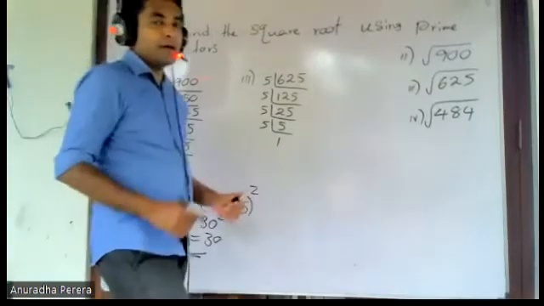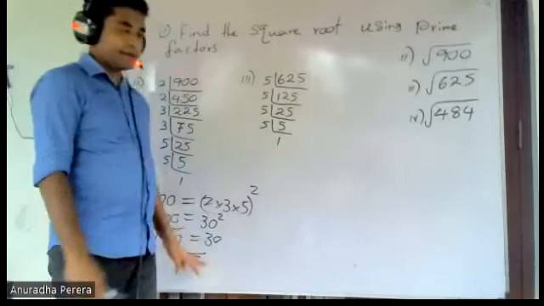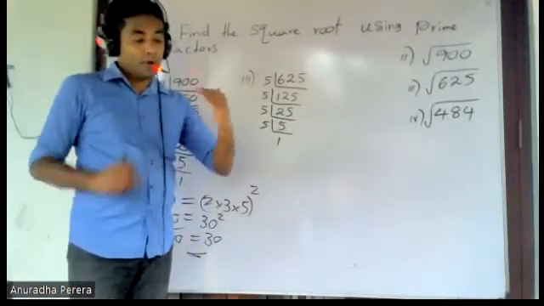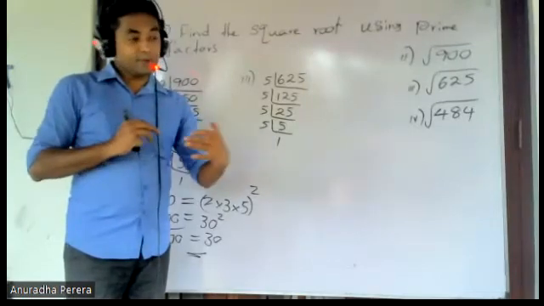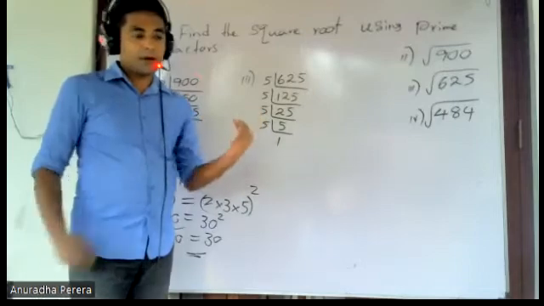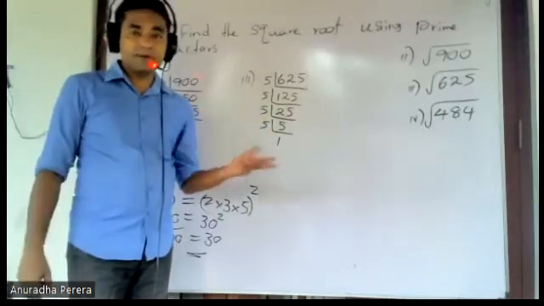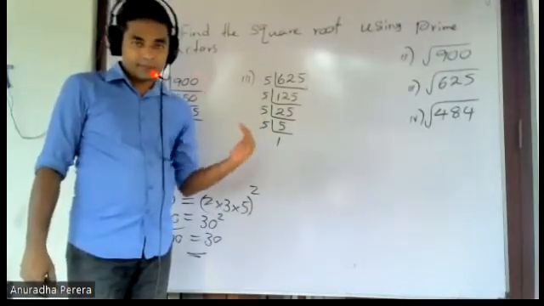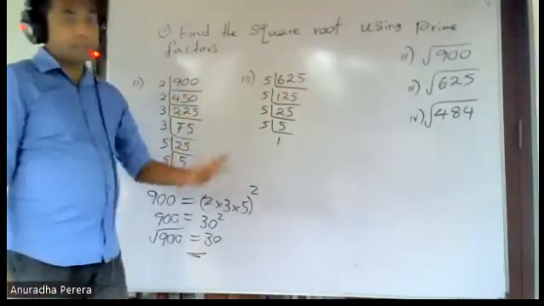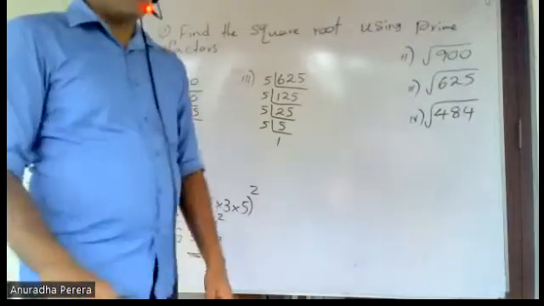Yes, but you got the same answer. How to apply this order? The first prime number is 2. If you can't divide by 2, then you have to consider 3, like that. Order 2, 3, 5. It's not a problem, but don't forget the order. Okay, sir. Thank you.